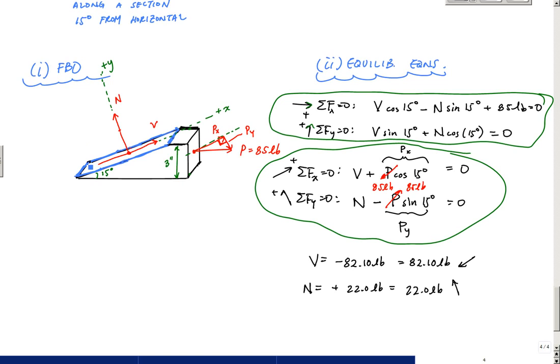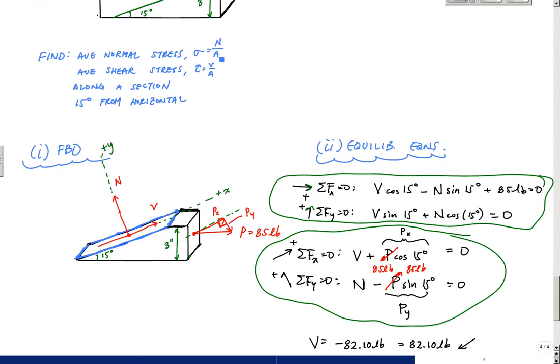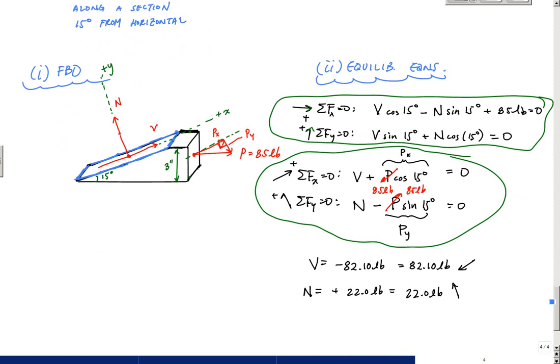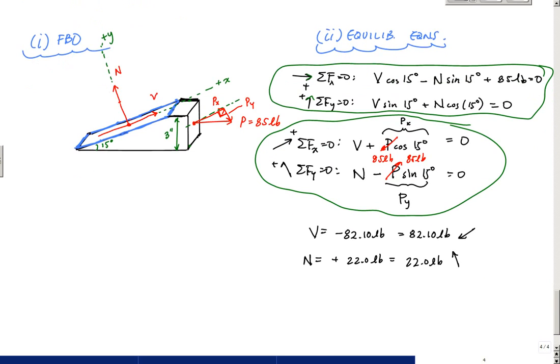Now the next thing that we need to do is apply these constitutive equations for shear stress and normal stress. But what we need is the area that we're acting on. And so probably the trick in this problem, or the challenging aspect of it, is to accurately determine that. So here is our next step.